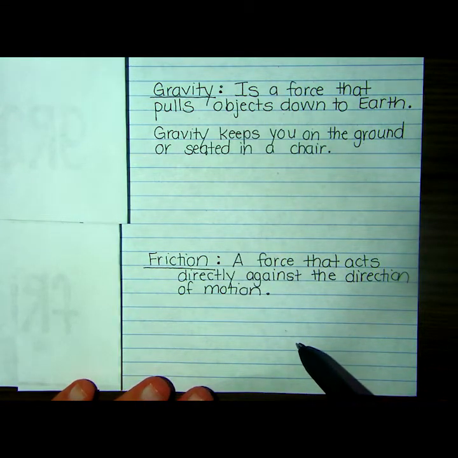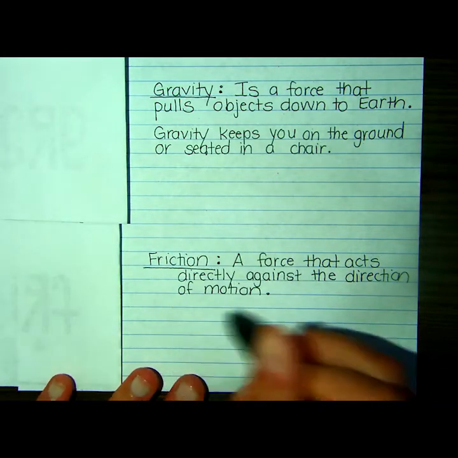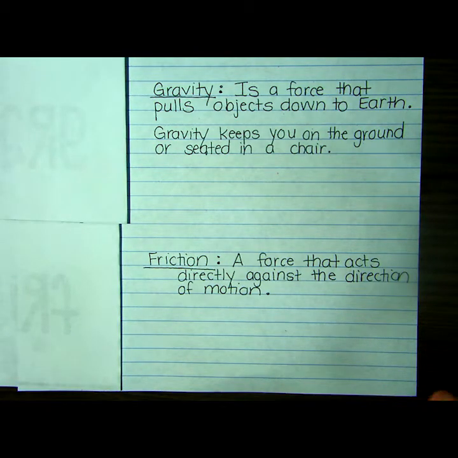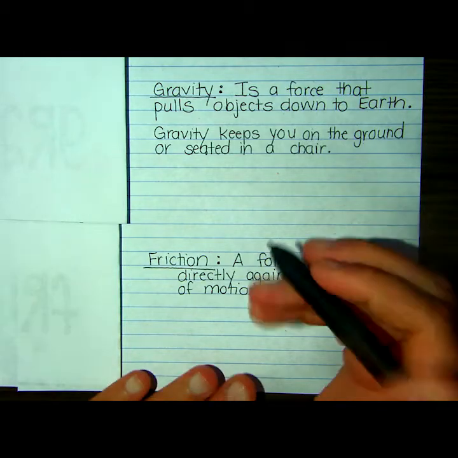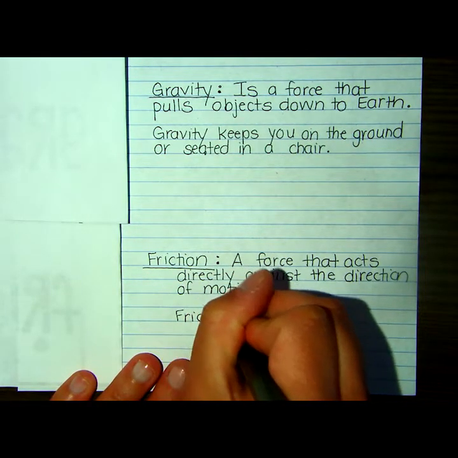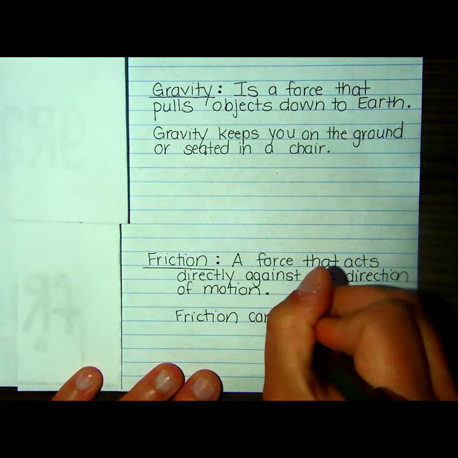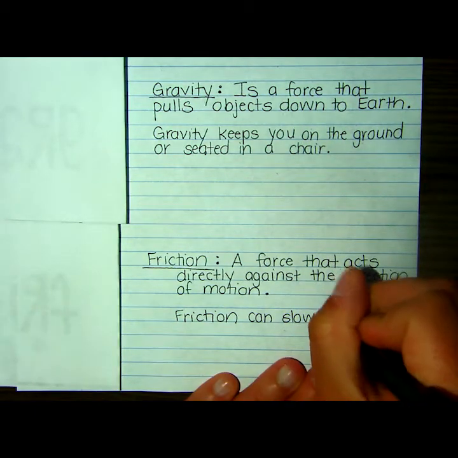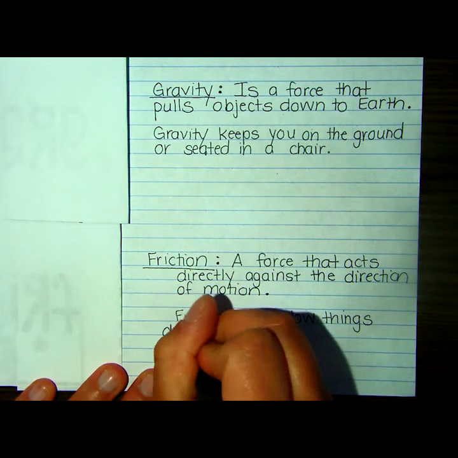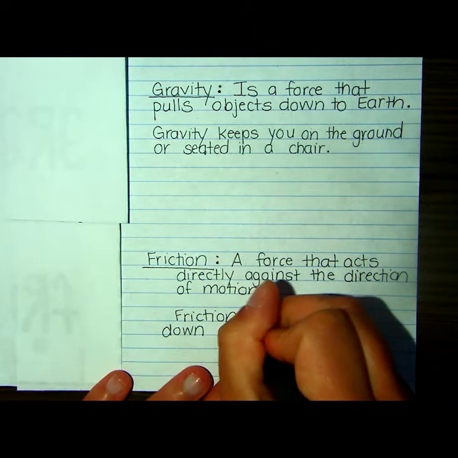So we know that gravity was acting against that. However, we know that the direction of motion would have been traveling down the ramp, based on the direction of the ramp. We also need to know that friction can slow things down, or can even make them stop.